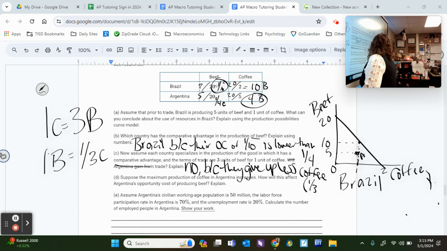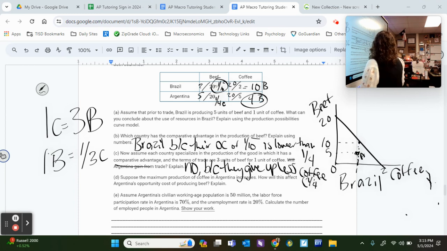Can you explain it the other way too and say like they're not getting as much beef as they would if they were trading within the country? No, it's all about cost. It's like too cheap is what I'm saying. Their own coffee used to be 4 beefs, and now it's 3 beefs. No, you're looking at the wrong column.